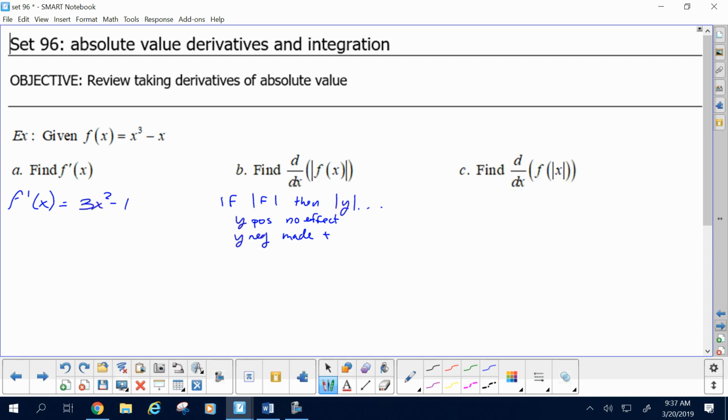So if we look at the graph of this here, y equals x cubed minus x, factored out. Isn't it x times x squared minus 1, or x times x minus 1 times x plus 1, okay? So there's this symmetry, an odd function like that.